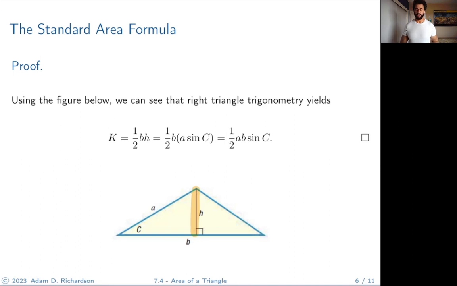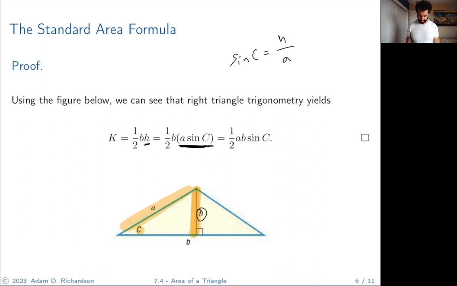And what does right triangle trigonometry say? It says the sine of the angle C is opposite over hypotenuse. Let me write that right here. Sine of C equals opposite over hypotenuse. But we know what the length a is, so that tells us that h is going to be equal to a times sine of C.